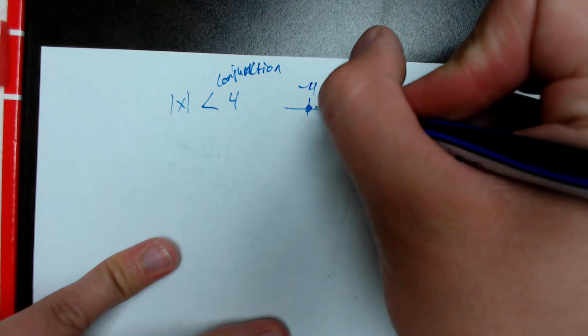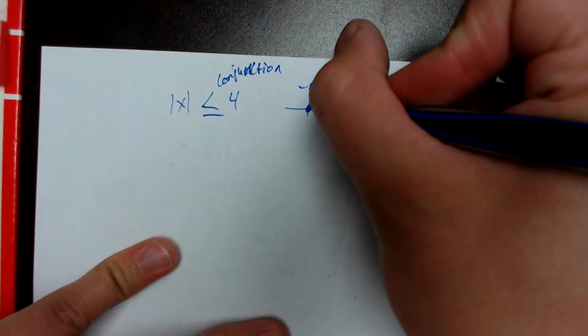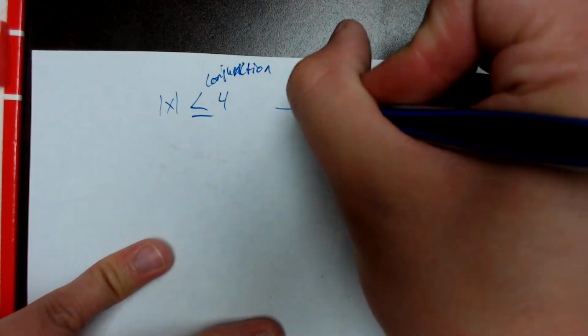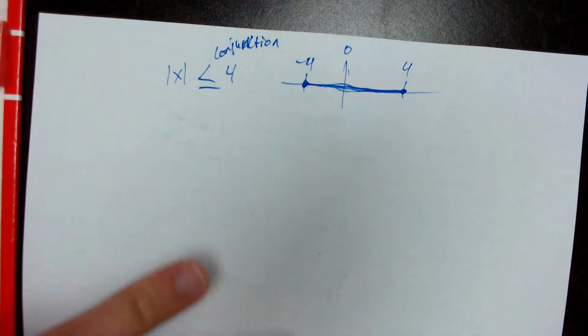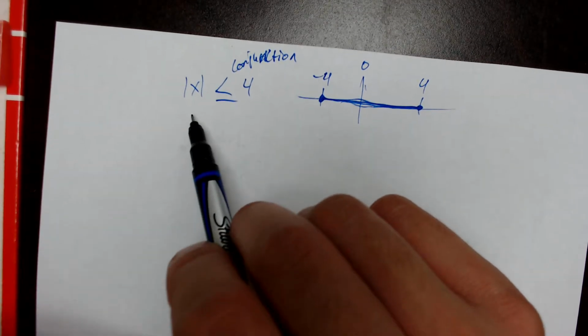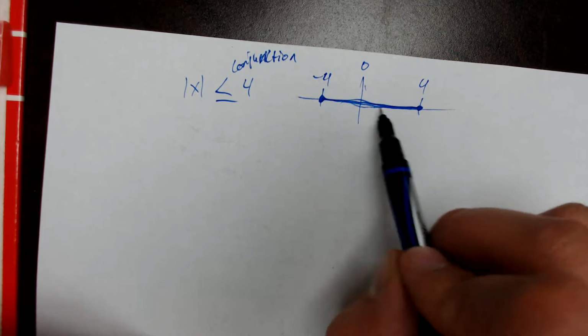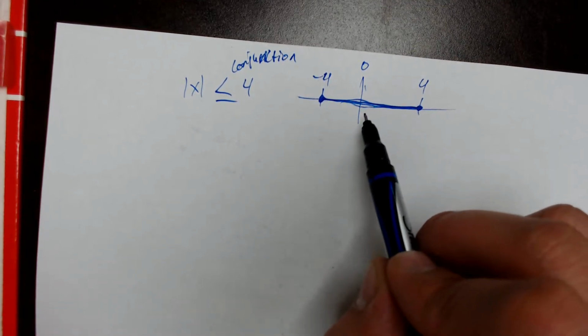And it's less than or equal to, so closed dots, and it's going to join the two dots in the middle. The reason for this is the absolute value of x being positive or negative values must be less than or equal to 4. So anything from -4 to 0 or 4 to 0. All right, so that's how we're staying less than.